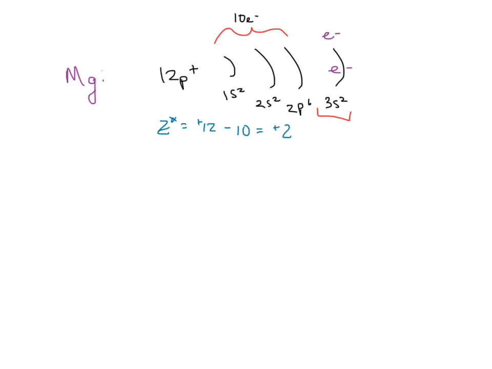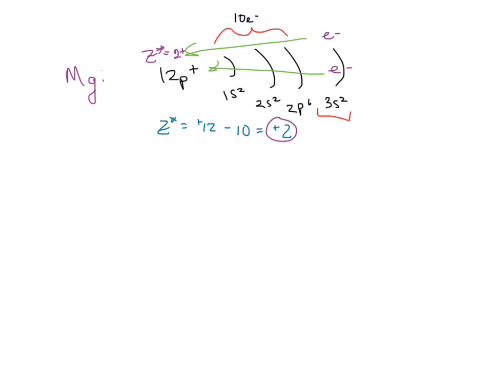Those are my 2 electrons in the 3s subshell. Each independently, those electrons feel a tug of plus 2. The effective nuclear charge is plus 2. They independently feel a tug towards a plus 2. Well, that's cool. That is the attractive force that those 2 valence electrons feel.